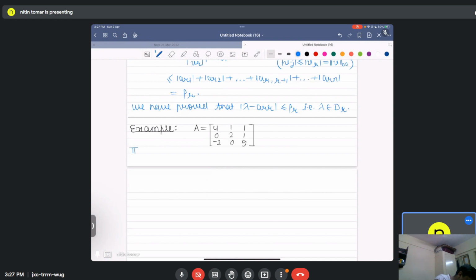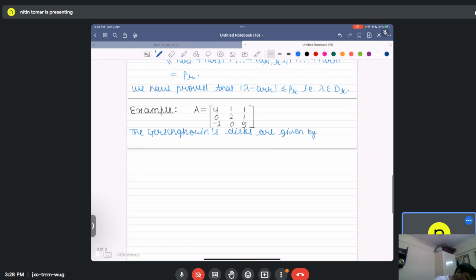So the Gershgorin disks are given by, for example, D1. What will be D1? It will be Z belongs to C such that mod of Z minus 4 is, you just add modulus of these two, right? So it will be less than or equal to 2.